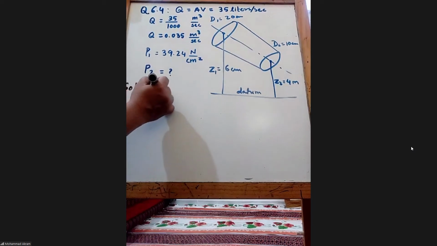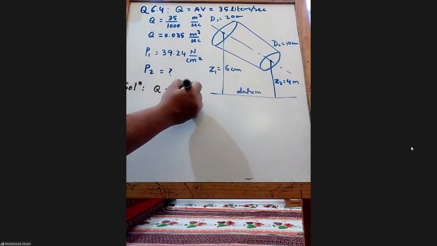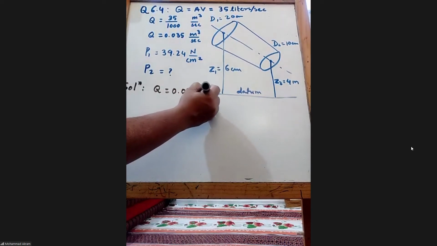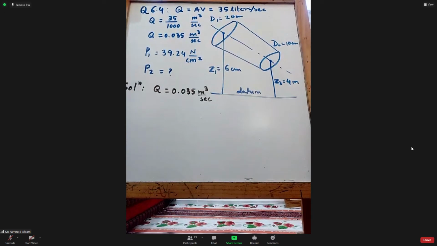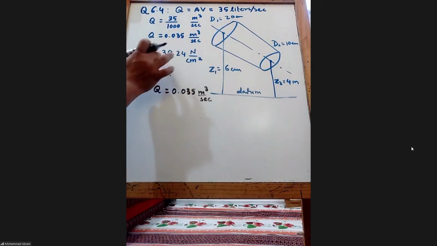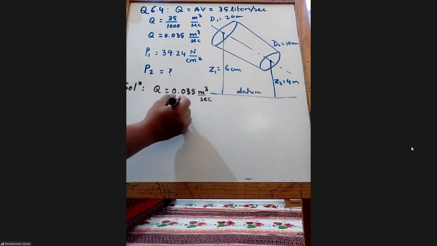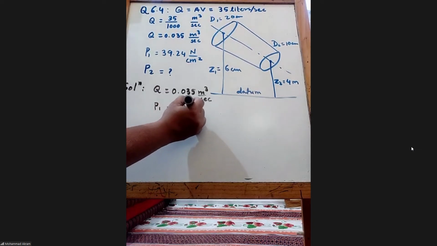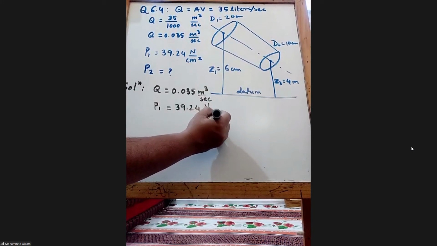We already know that Q is equal to how much? 0.035 meter cube per second. Okay, we converted into meters. First of all, convert the units. What is the unit of P1 given? 39.24 Newton per centimeter square, right?